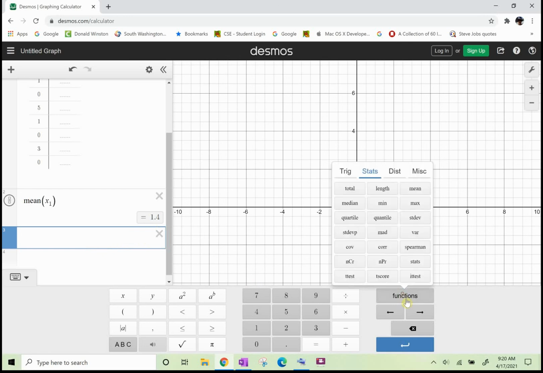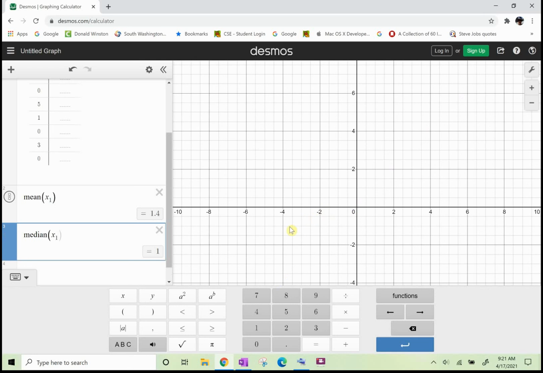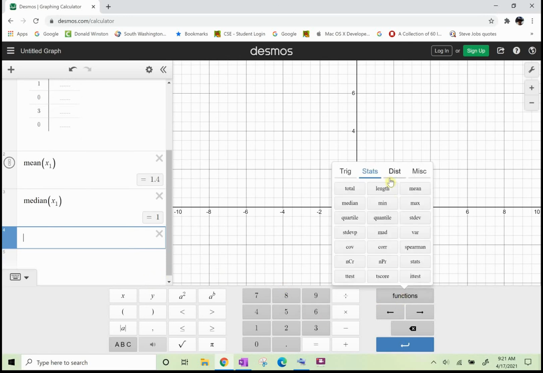If I go back into stats, if I wanted to find a median, median x1, there it was, 1. So this is a good way to check your work. Let me press enter again. Functions, stats, what else? I can calculate the min and the max.